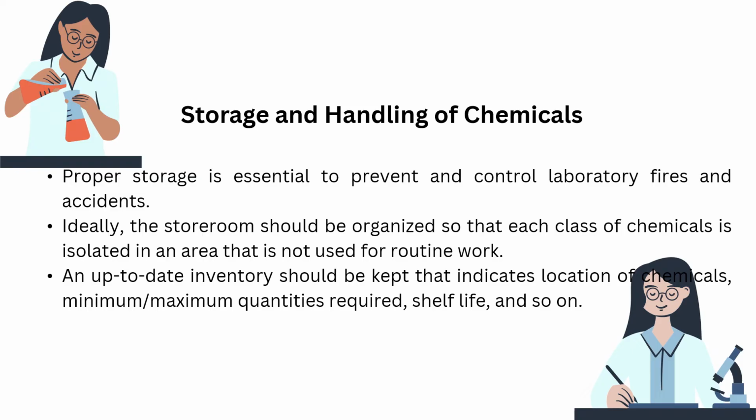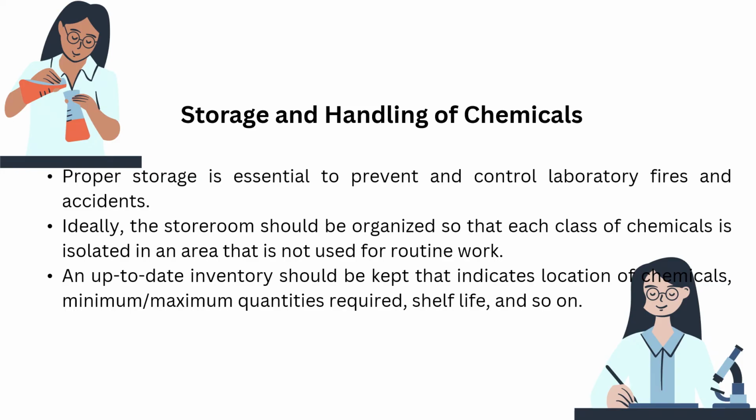Some chemicals deteriorate over time and can become hazardous. Let's say, for example, ethers and tetrahydrofuran, they form explosive peroxides. So storage should not be based solely on alphabetical order because incompatible chemicals may be stored next to each other and react chemically.